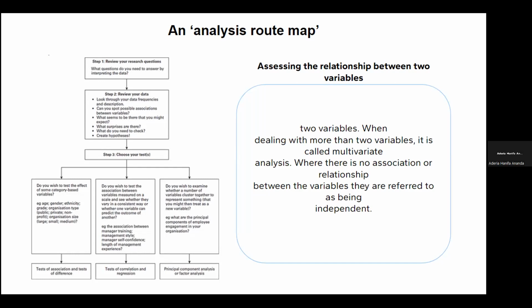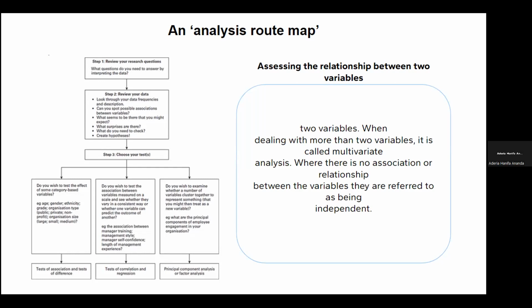Or we might ask, do you wish to test the association between variables measured on a scale and see whether they vary in a consistent way or whether one variable can predict the outcome of the other? For example, manager training, management style, manager self-confidence, range of management experience. This is the test of correlation and regression.